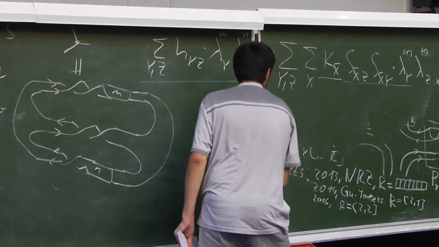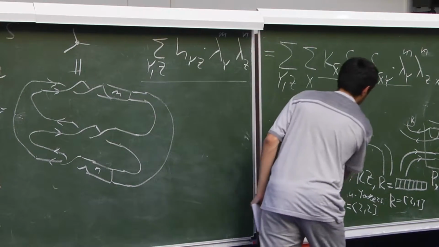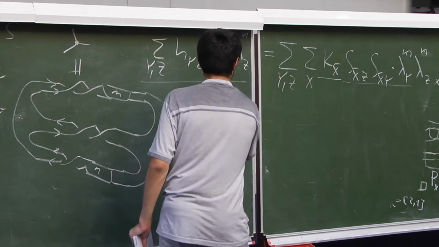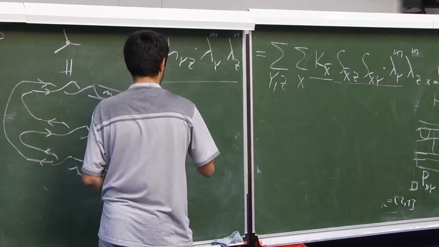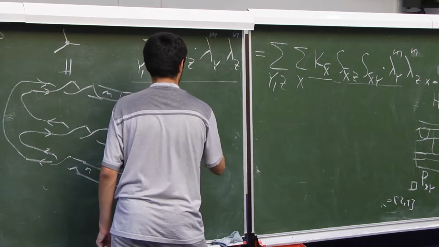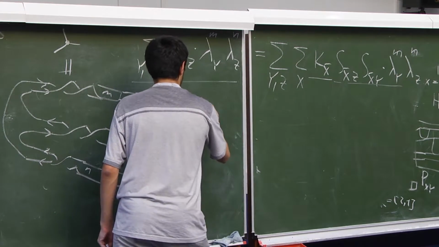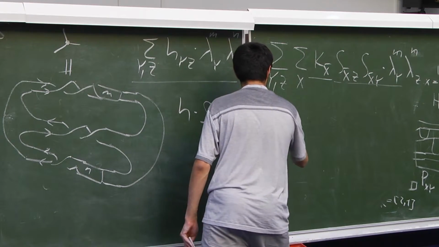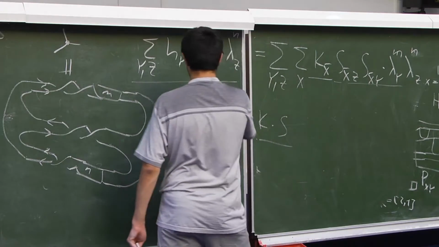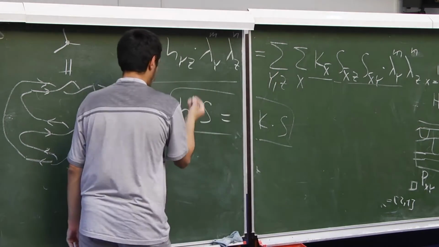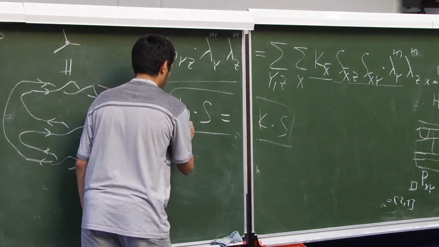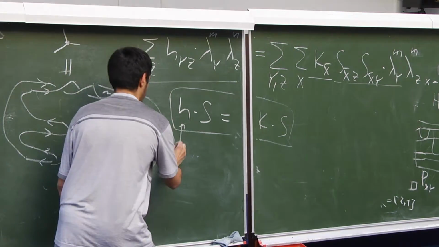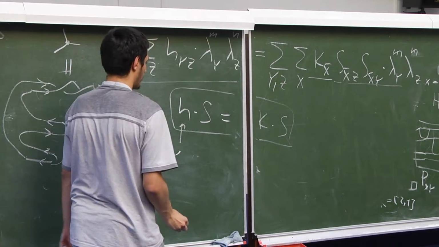And now, comparing the left hand side and the right hand side, we get the following. In matrix form, I can schematically write it like H times S equals K times S. So matrix H can be computed with the help of Racah matrices from the first construction, with matrices U.